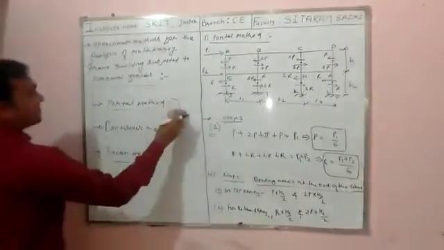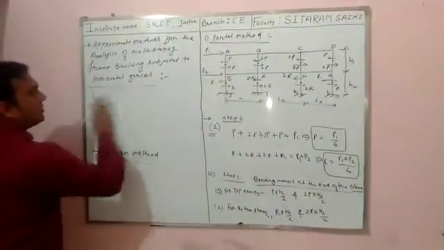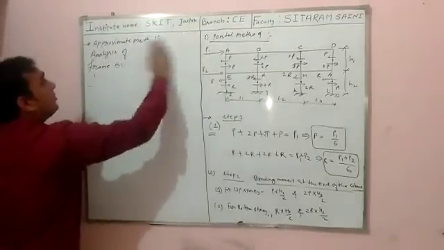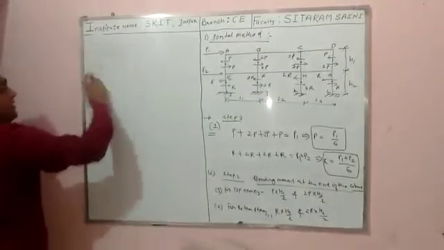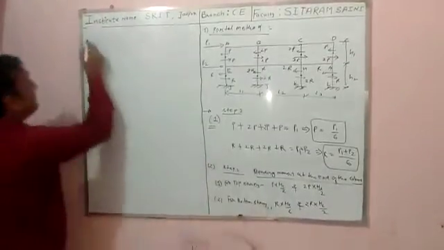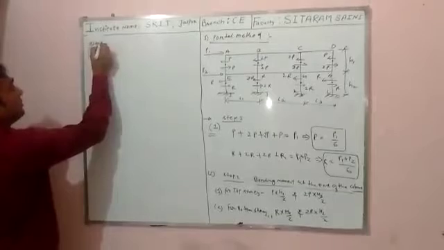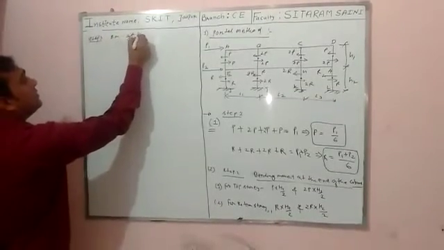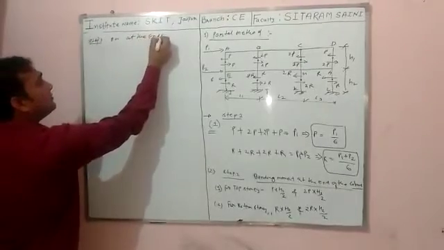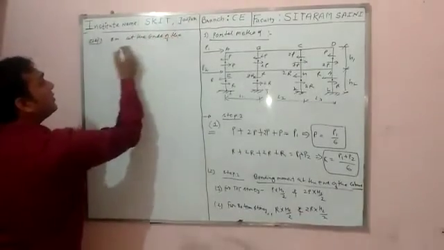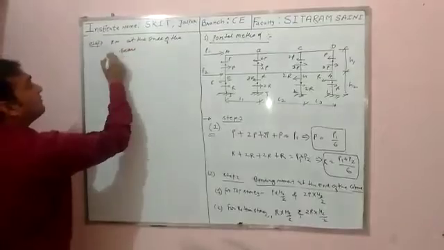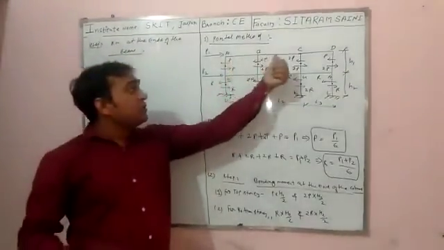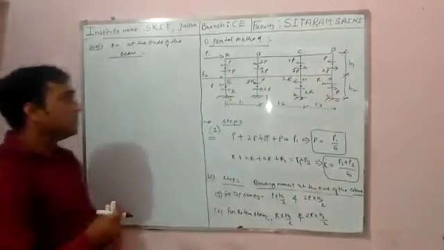Now, step number 3 is bending moment at the end of the beams. Beams 1, 2, 3, 4, 5, 6.